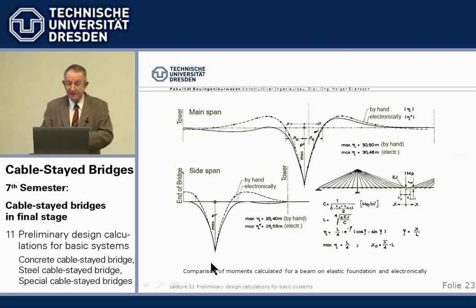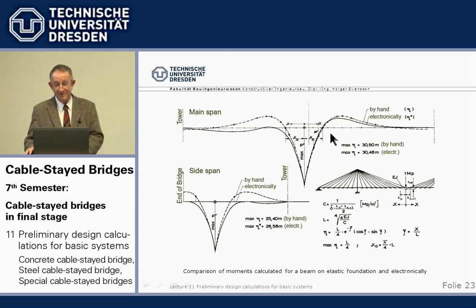And since you probably believe more in computer calculations than in my word, I have here a comparison made of the influence line for the same cable stayed bridge, the influence line calculated for a beam on elastic foundation, the way I've told you, and the influence line for a beam moment calculated by computer.